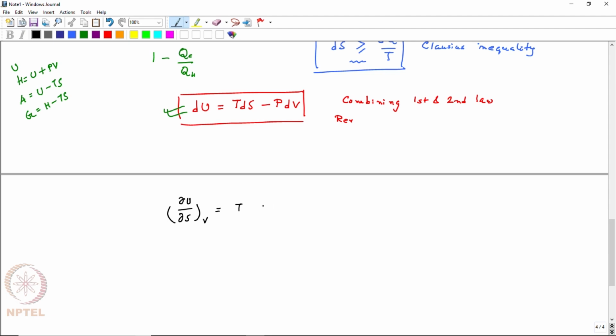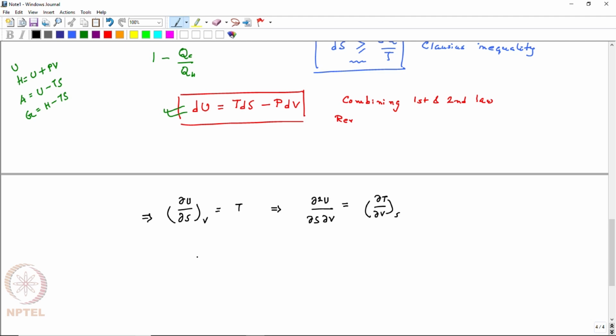Then in the second step, we can take a derivative with respect to volume, and what I'll have is (∂T/∂V) at constant entropy.